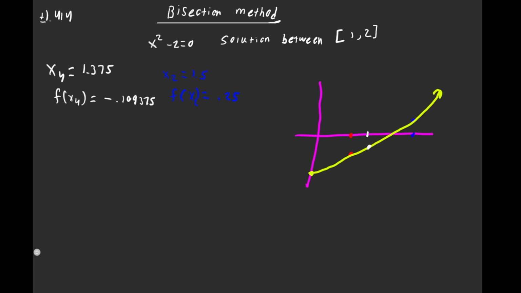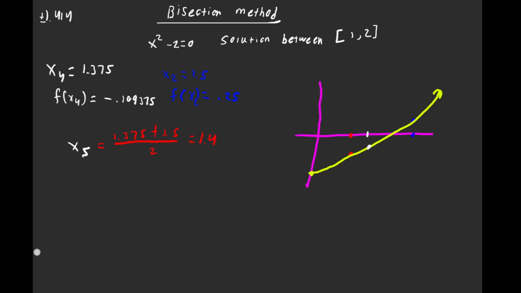So what we will do now is go ahead and find the next x test point we're going to use, which is going to be x sub 5. And by doing so, we will have to add 1.375 plus 1.5 divided by 2, which is equal to about 2.875 divided by 2.